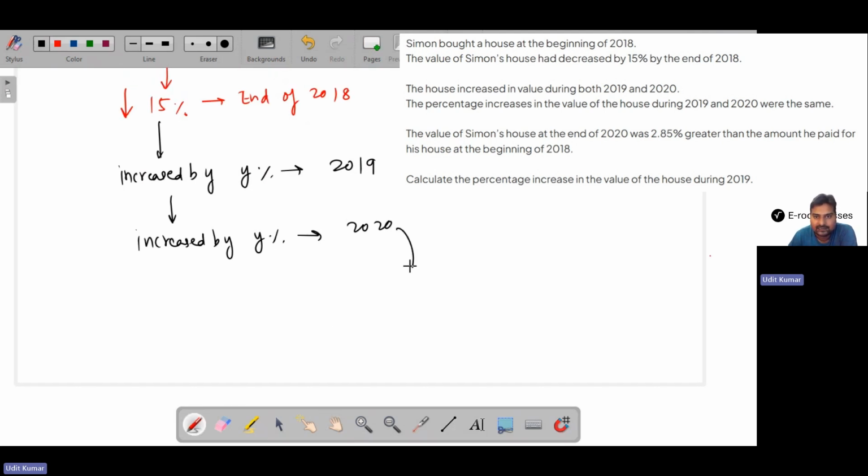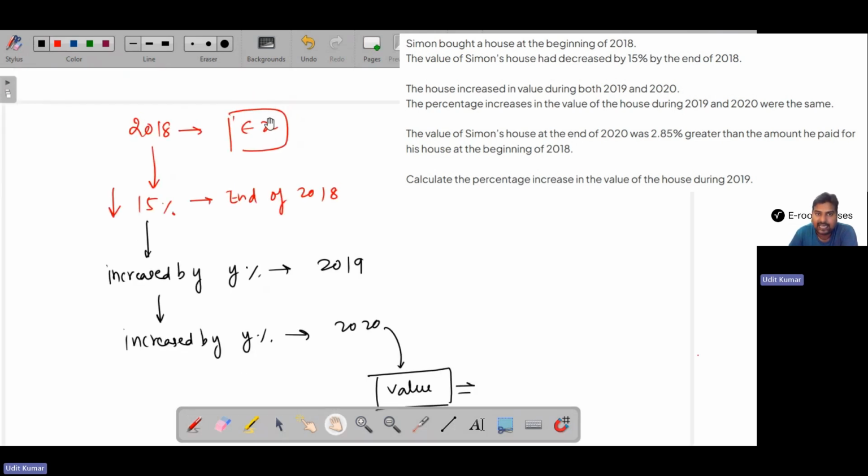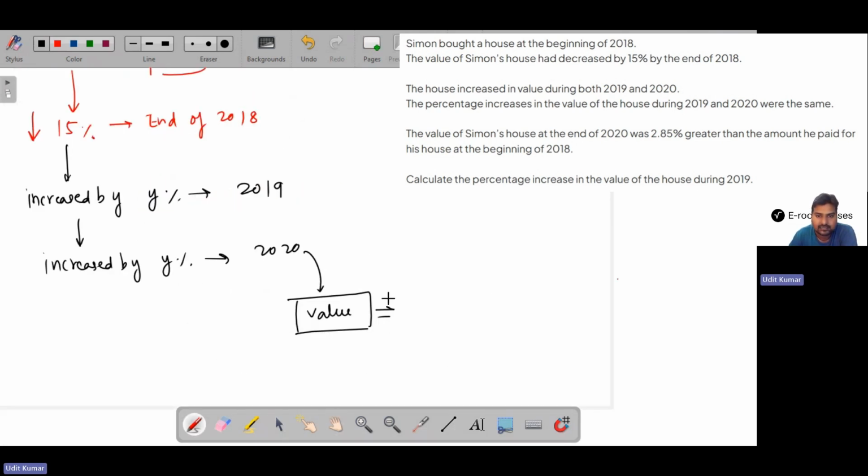By the end of this, you will get some value, right? And that value is 2.85% greater than the amount he paid for his house at the beginning of 2018, so let's say this is X pounds. So this must be 2.85% more.